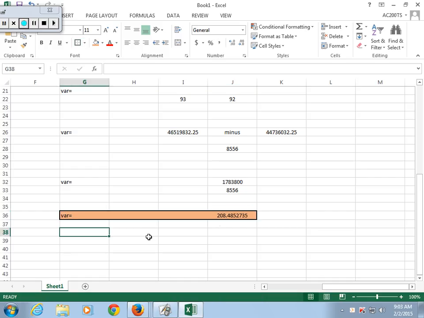Now, the relationship between the variance and the standard deviation is always the same. Always. Can anybody tell me what the relationship is between the variance and the standard deviation? Not half, but the square root. And if you want to get the variance from the standard deviation, you raise the standard deviation to the what? Second power. Remember that relationship.